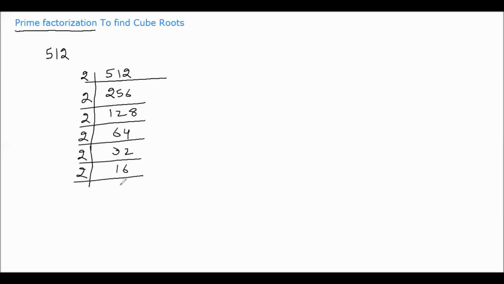This I will keep doing till I get 1 at the last. So you can see now I'm having 1 at the last. So I will write its factors. 512 can be written as how many times? 1 2 3 4 5 6 7 8 9. So 9 times I will write 2.